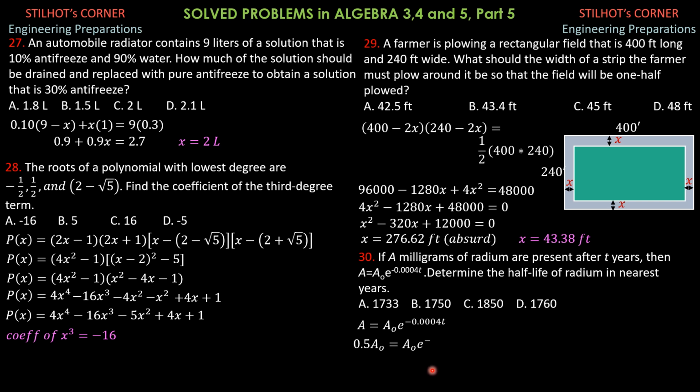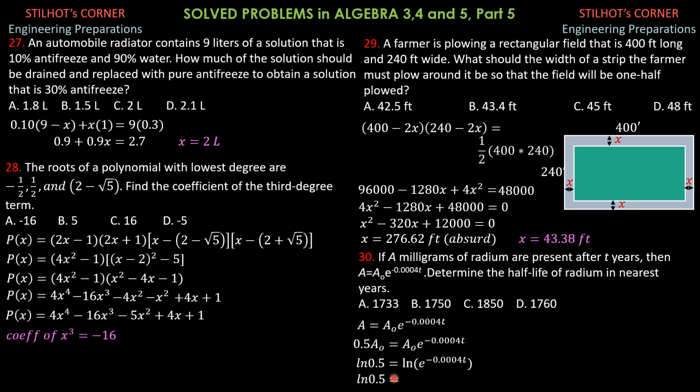Then we can cancel A0. Then take ln on both sides. So we have ln of 0.5 equals ln of e to the negative 0.00040. Since the right side is the same as negative 0.00040 ln of e, and ln of e is 1, the right side is simply negative 0.00040.